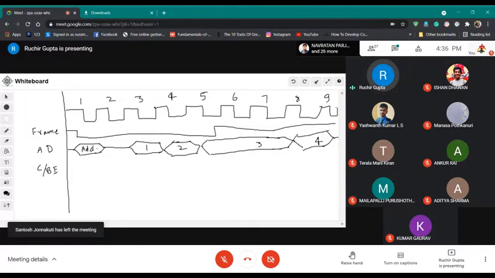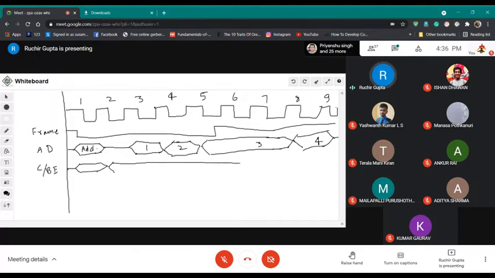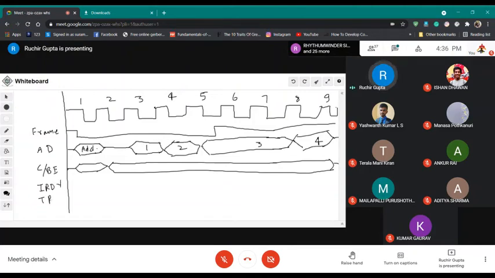So initially there will be a command, there will be a byte ready. So nothing so great about it. And then what will be there? IRDY and TRDY.